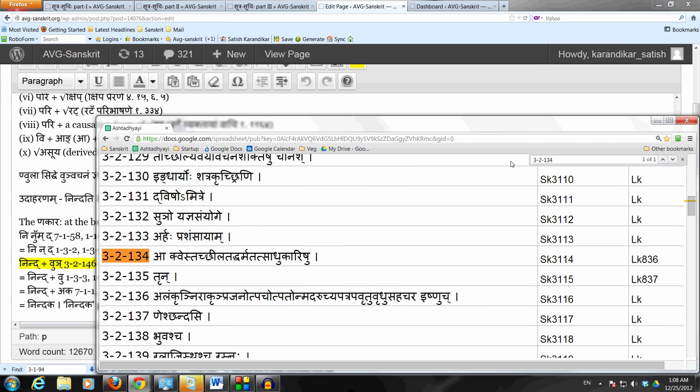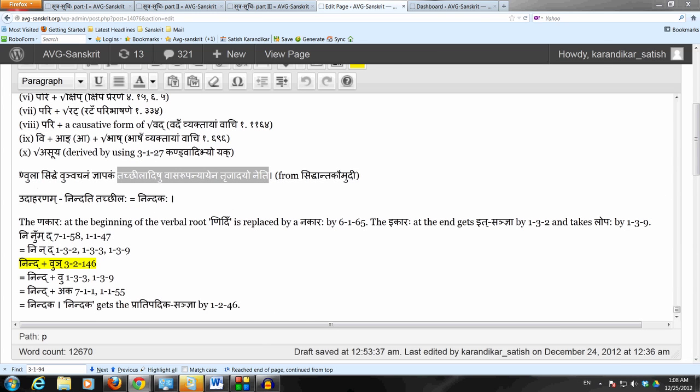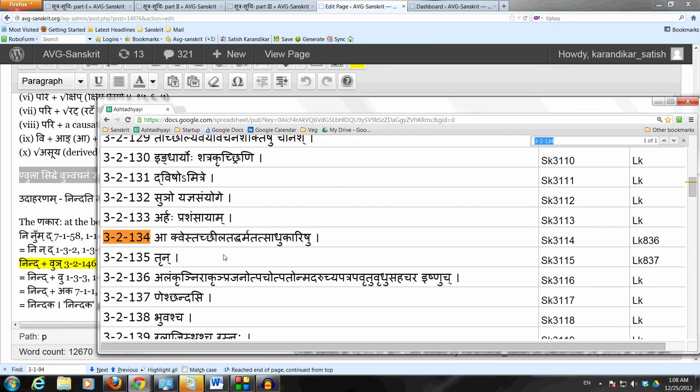So this is a jnapakam. This prescription of vi by Panini is a jnapakam that the pratyaya nvul could not have been used here. Obviously not, otherwise there is no point of prescribing vi. And that tells us that in these specific meanings of Tacchila Taddharma Sadhukarishu, we cannot use those affixes like trich, etc., which were prescribed prior to this adhikara starting. They cannot be used optionally in these special meanings. So that is the jnapakam.